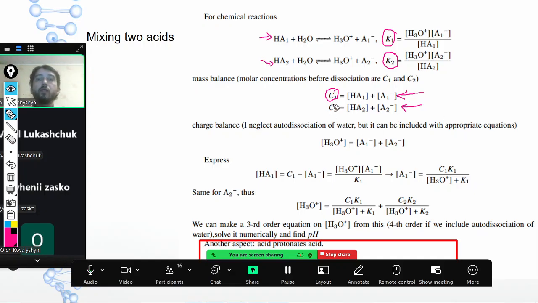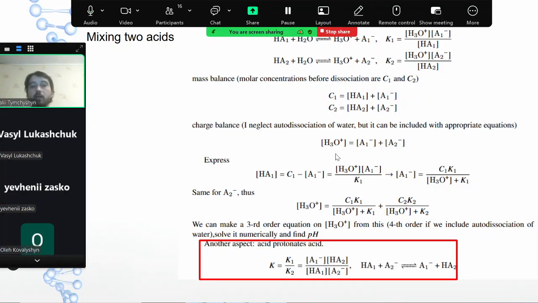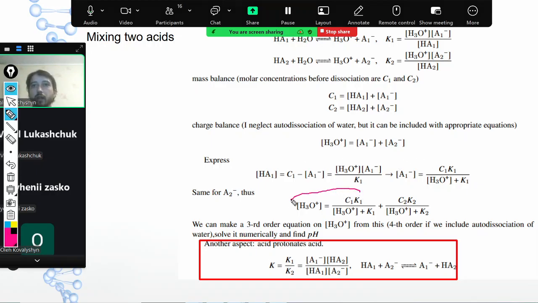The same is true for acid number 2. So here we have it. Okay, and we have the so-called charge balance. So we create the number of positive charges the same as the number of negative anions. If we collect everything together, we will get some sort of this formula.